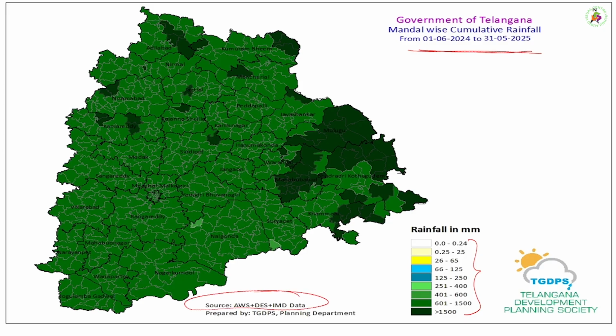In the dark green portions, rainfall is more than 1500, which is much in excess of the average annual rainfall of Telangana, which lies around 900 to 910.